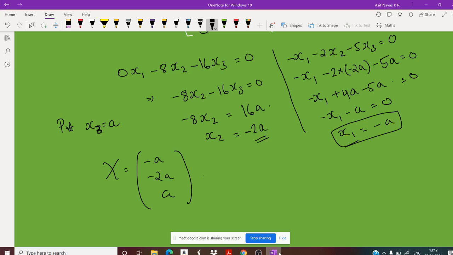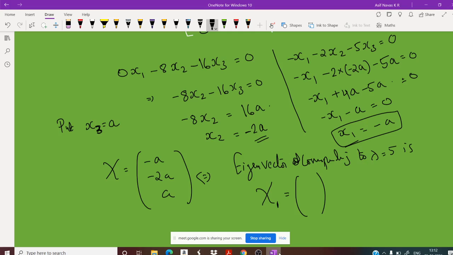So then we want a particular vector, right? So the eigenvector corresponding to lambda is equal to 5, I will give some value.